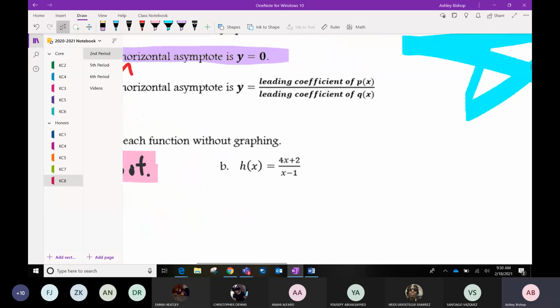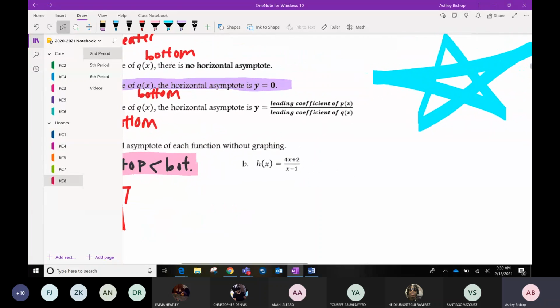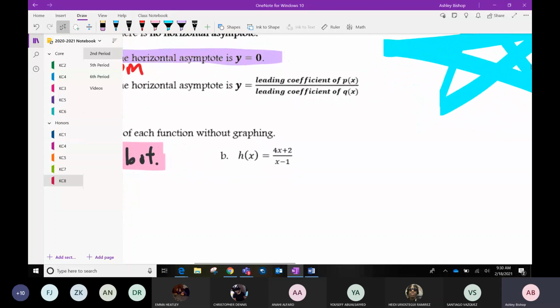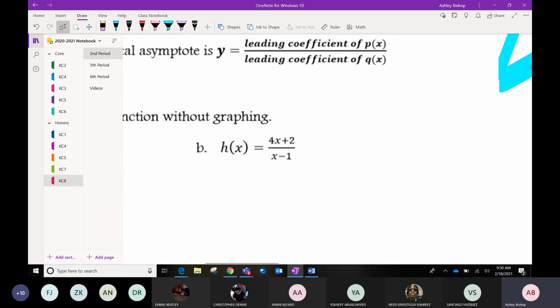Part B says, part B has a degree of, well, I see that I have the highest degree. We're always going to take the highest degree, you guys. I have 4x to the first power, right? Anytime you have an x, it has an exponent of 1. So this has a degree of 1.